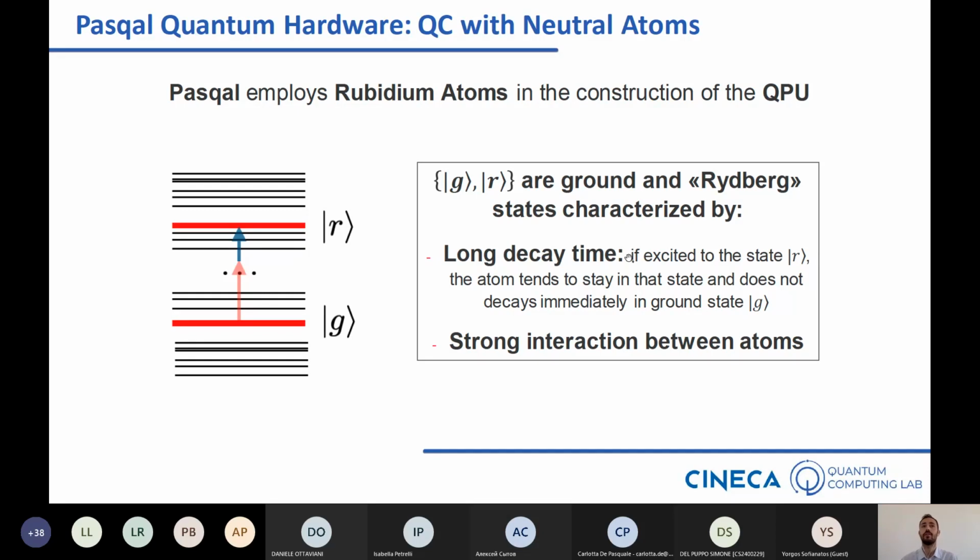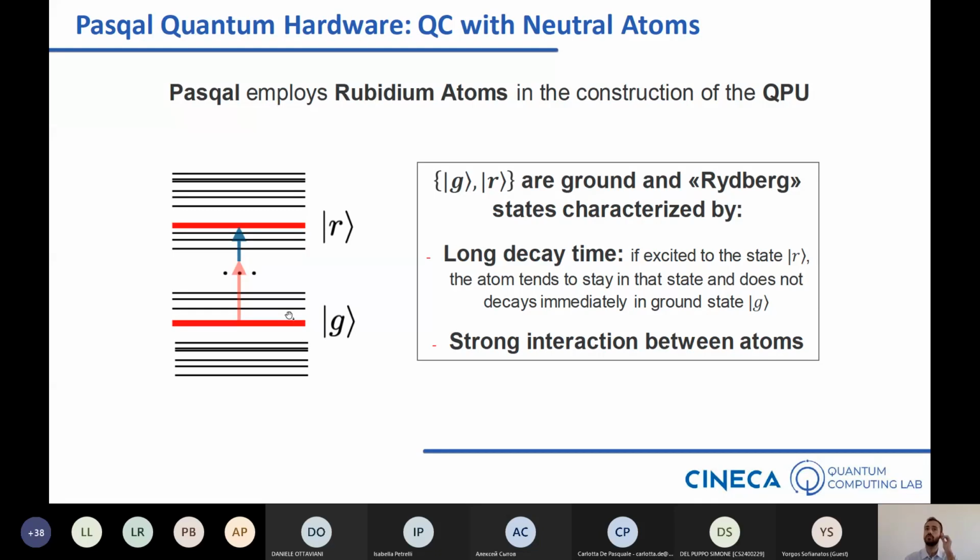As I told you before, you can start from G, shine some light, some photon, or laser, and they can excite the state G into R, and the atom tends to stay for quite a long time in this state R. So you don't immediately go back to the ground state. They can stay in the R state for enough time to perform computation.